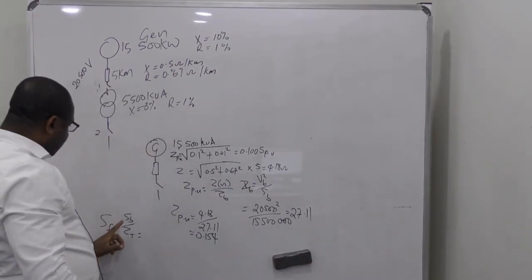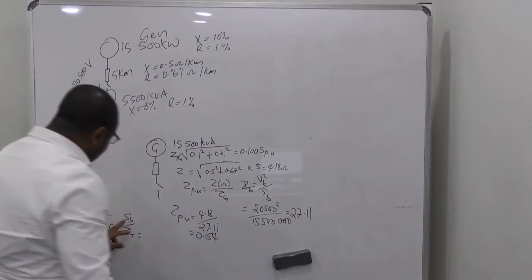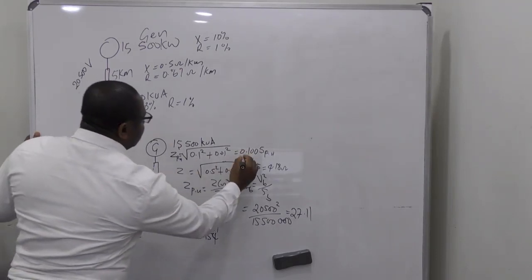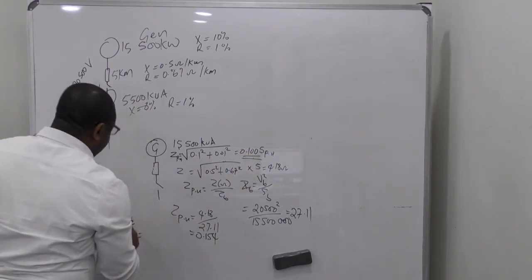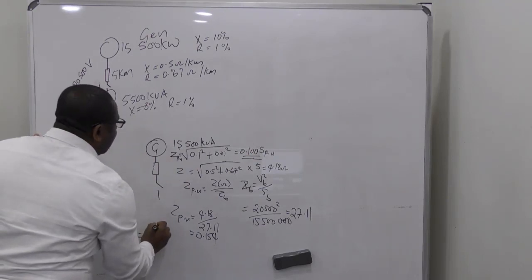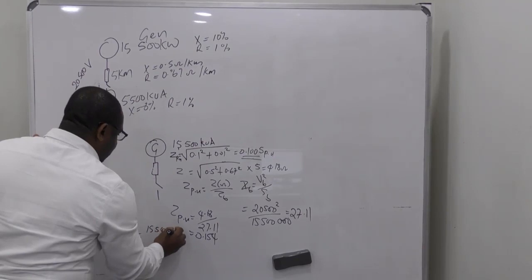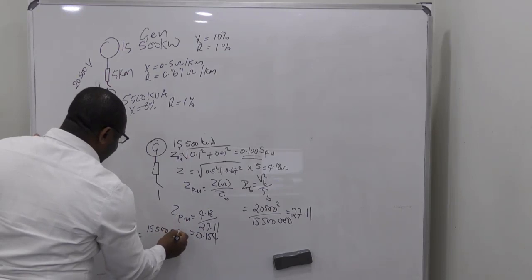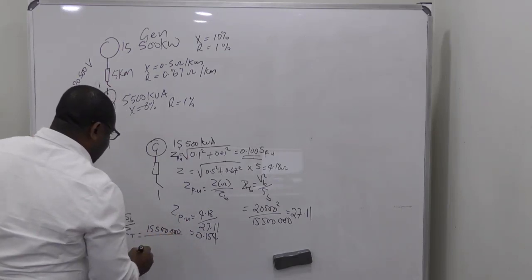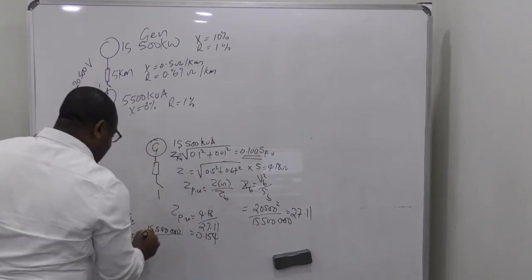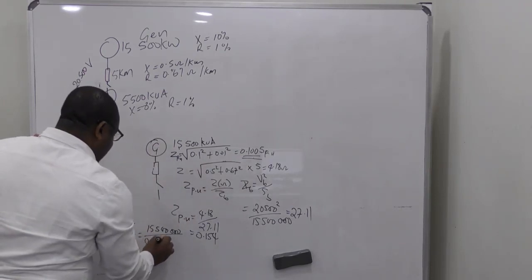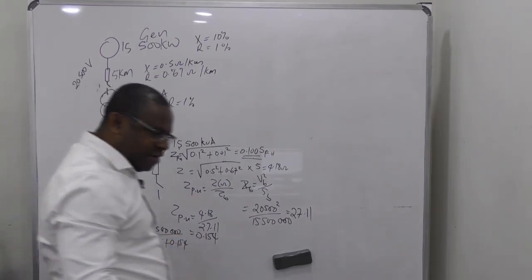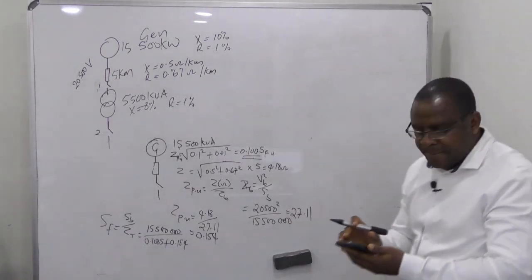Okay, so S fault is S base over Z total. Remember, this is Z for that, so we still have this one. What's our S base? 15,500 kVA, that's 15.5 MVA. Now divide by the first impedance of the generator, 0.1005, plus the impedance here, 0.154.